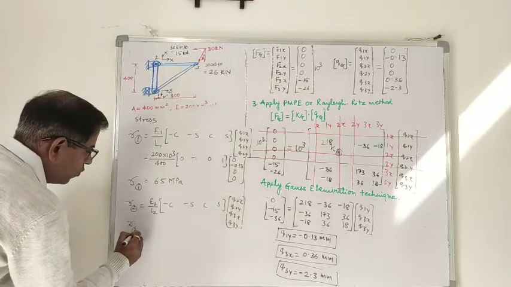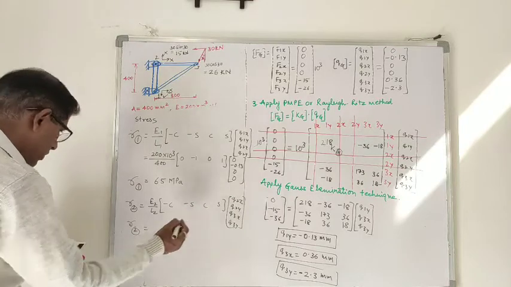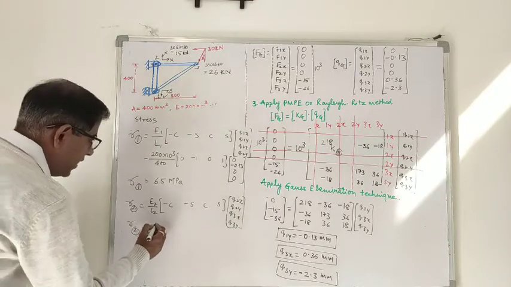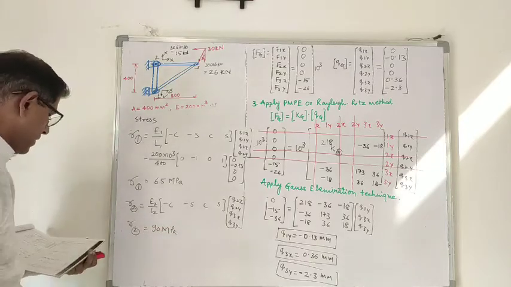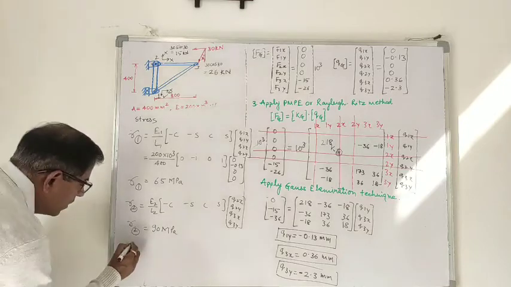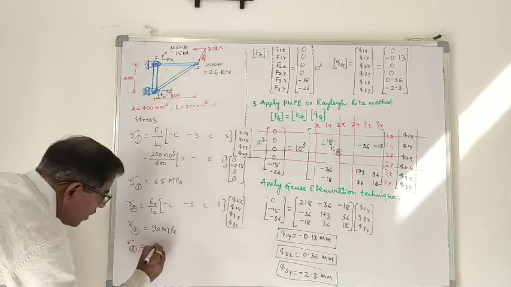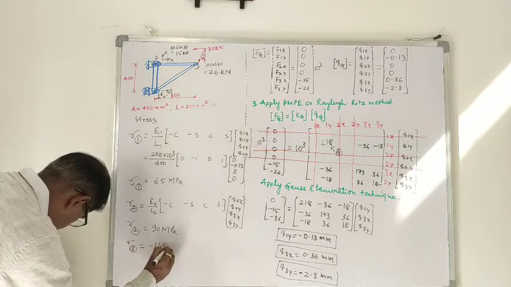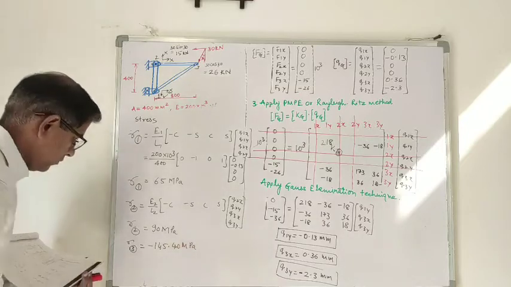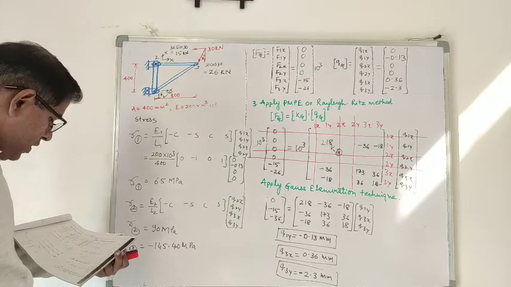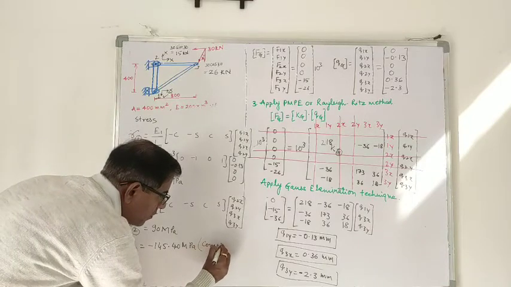So sigma 2, if you put the values here, it will be 90 megapascal, and sigma 3 is minus 145.40 megapascal. Okay. So negative sign indicates that there is a compressive stress.